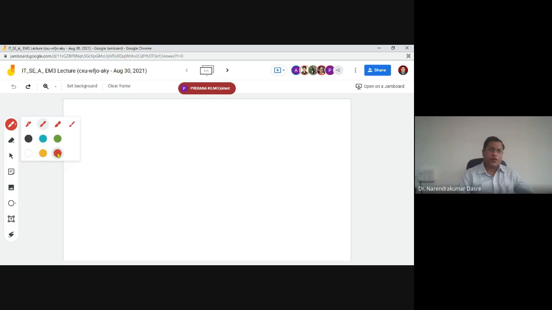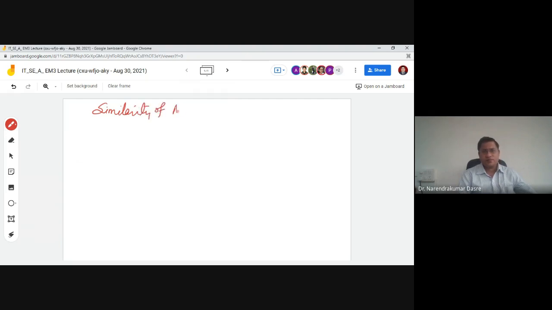Okay. So we need to understand similarity of matrices. When we say two matrices are similar, there is a difference between equality and similarity.